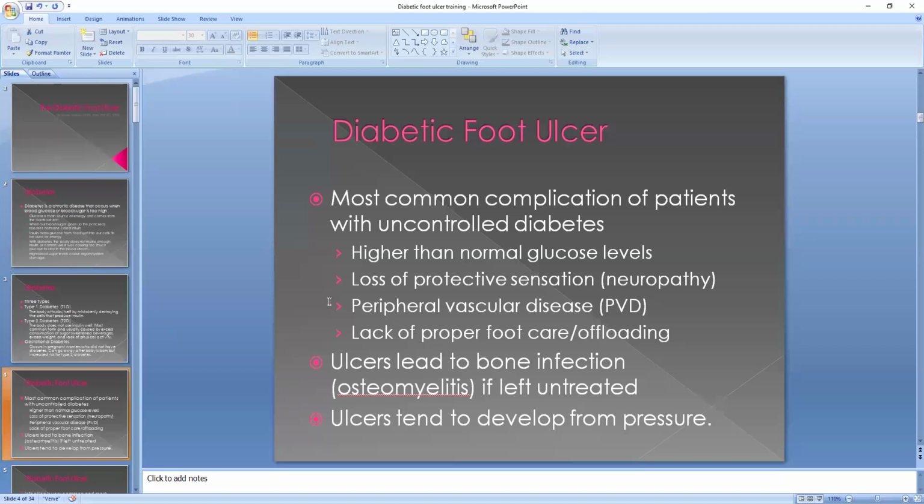And it also starts to gum up the blood vessels, so then you start to get poor circulation. And then with lack of proper foot care and offloading, that's when bad things start to happen and these ulcers will develop. They tend to lead to bone infection or osteomyelitis if these are left untreated. And these ulcers tend to develop just from walking on it or pressure.